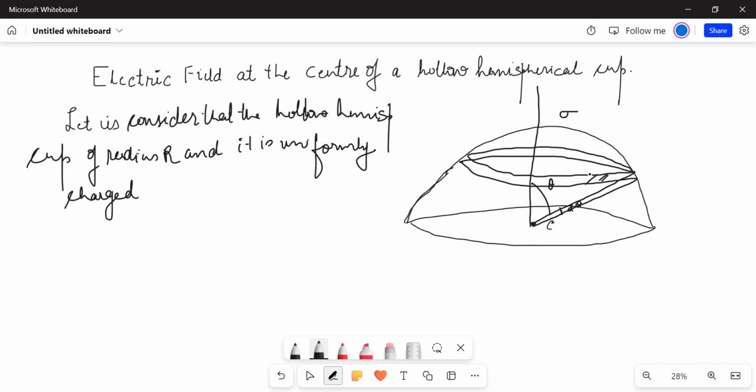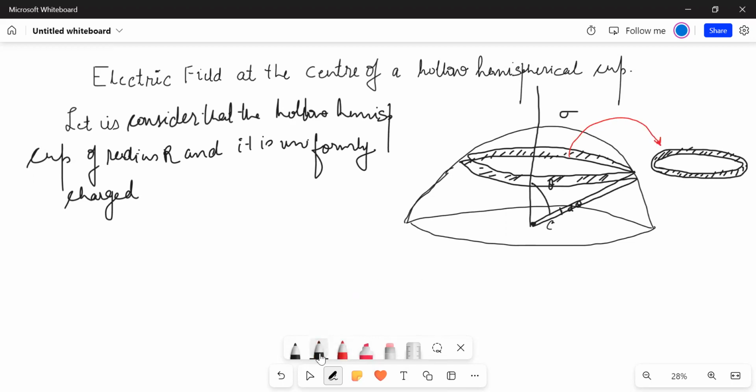In this particular case, if you can understand, this would look like a ring. So basically this is on the hemisphere, and this will look like this. Just for the sake of your understanding, I'm drawing it separately. Okay, so this is how it would be.